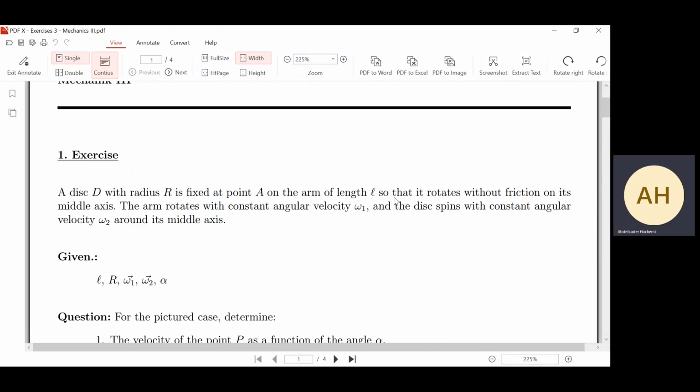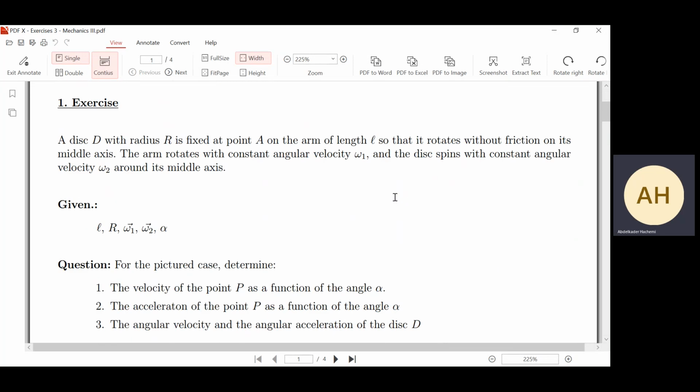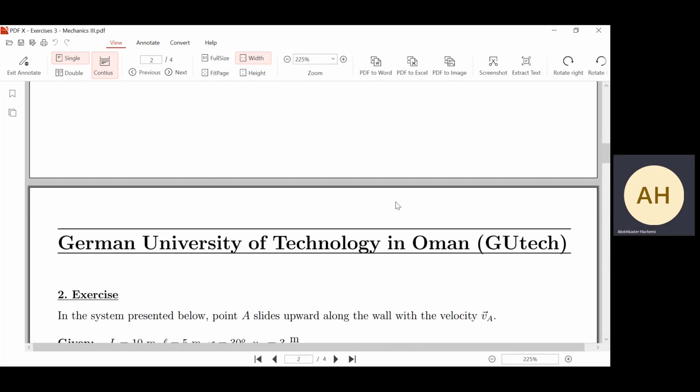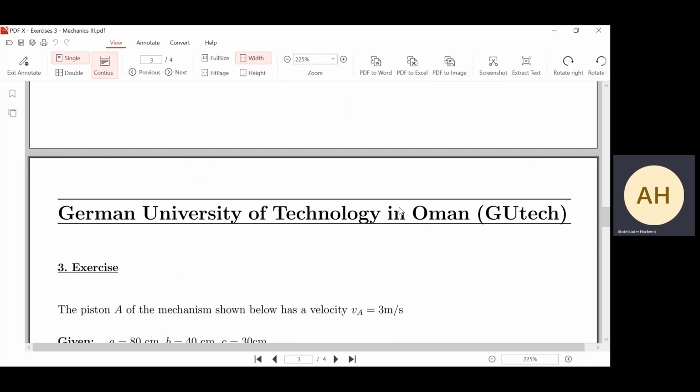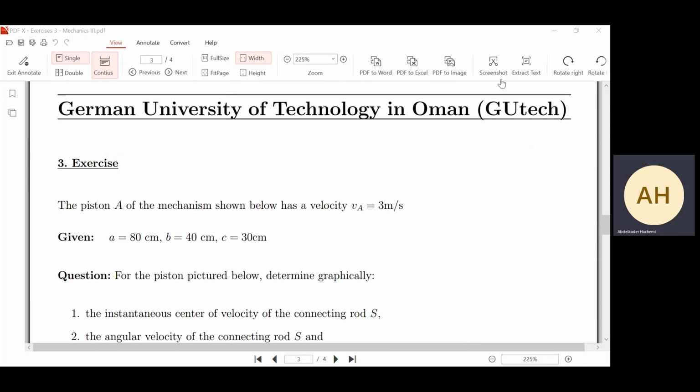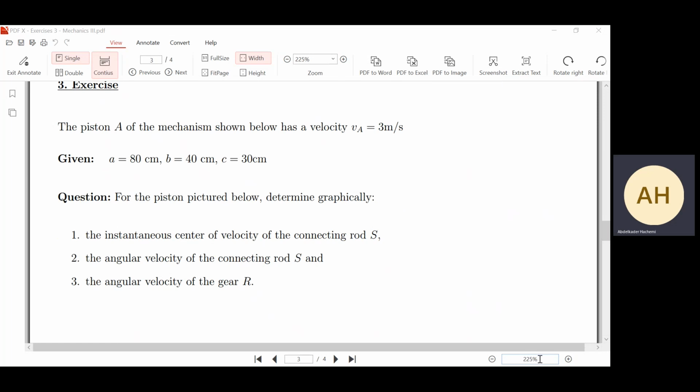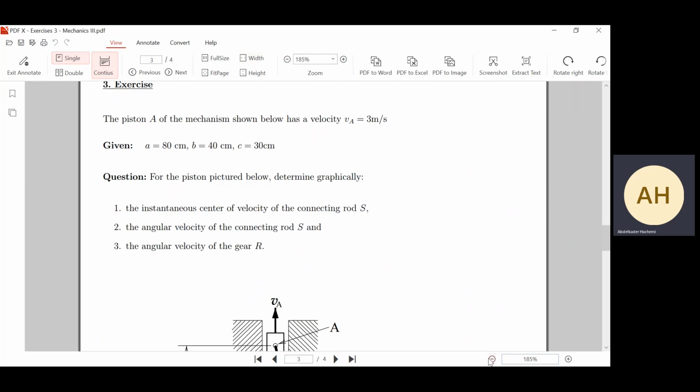Then we have done the solution for the first exercise, the second, and now we will come to the third exercise.